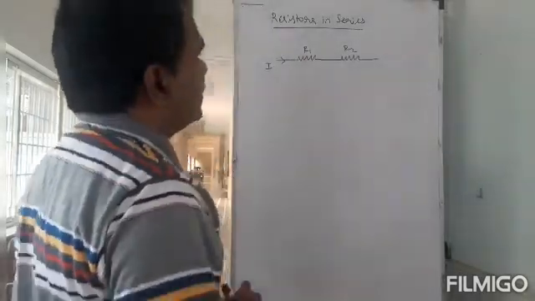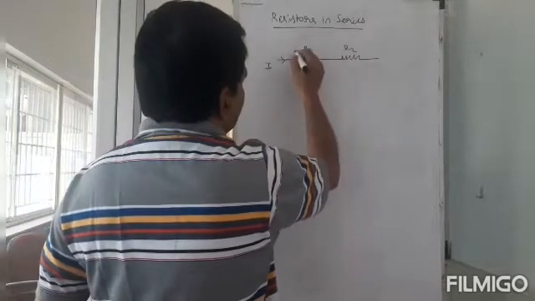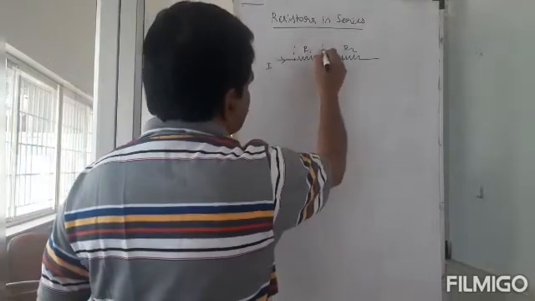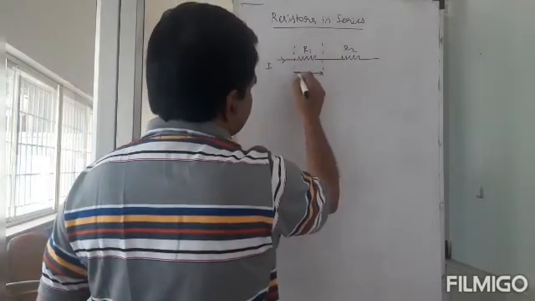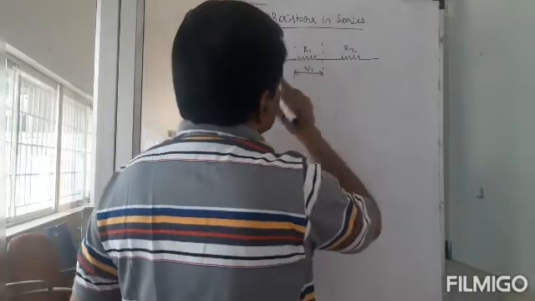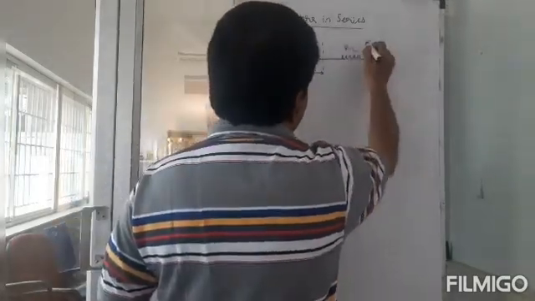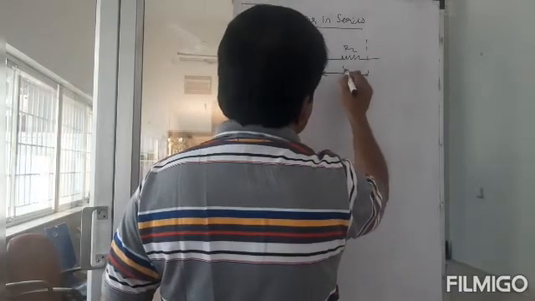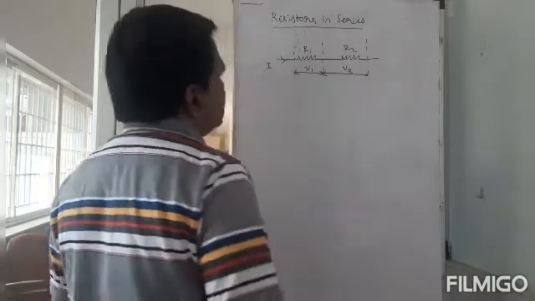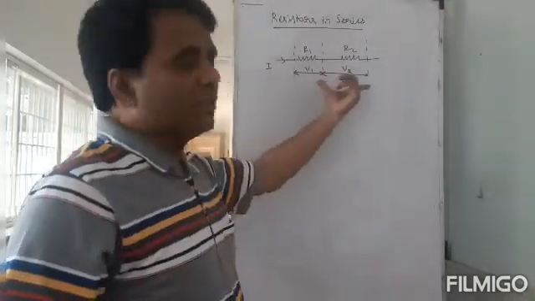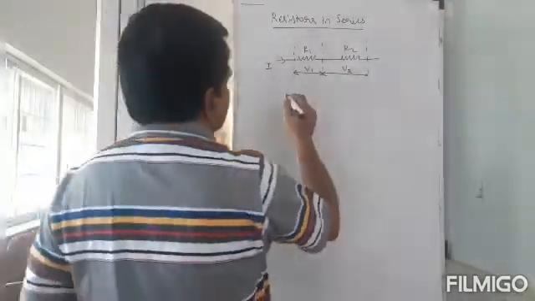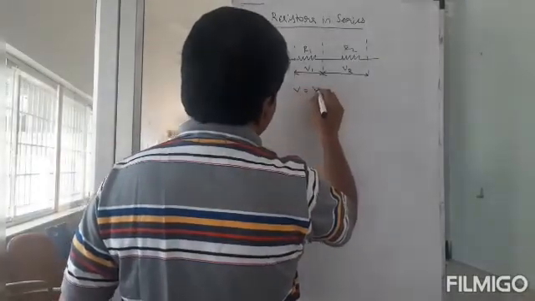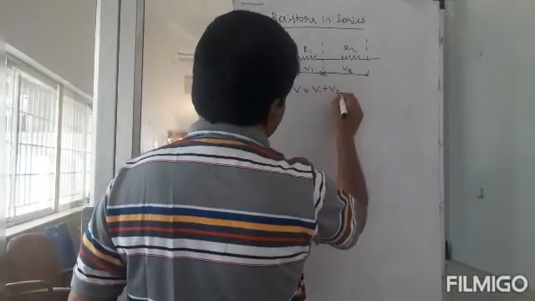Okay. So then I into R1, this will give you a certain voltage V1. Okay. And the same I flows through this and into R2, that gives you voltage V2. Now what is the total voltage? V1 plus V2. Yeah. So total voltage V is equal to V1 plus V2.